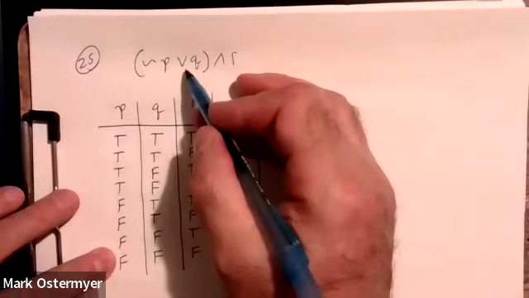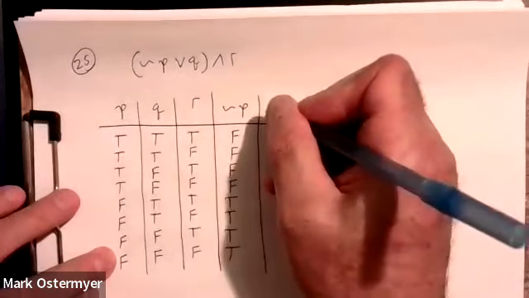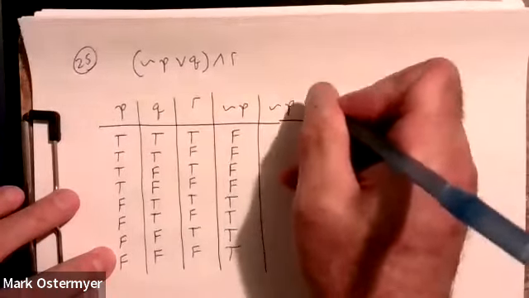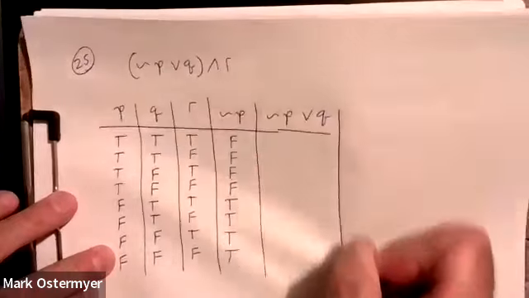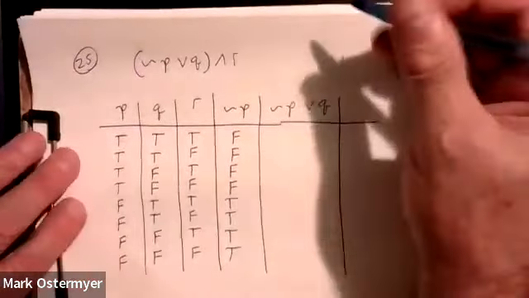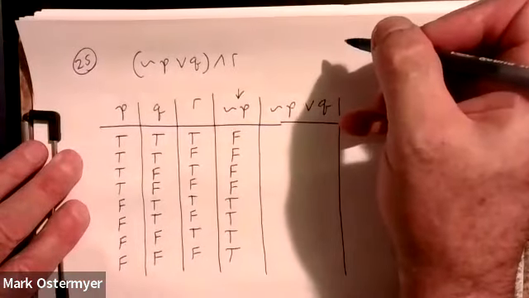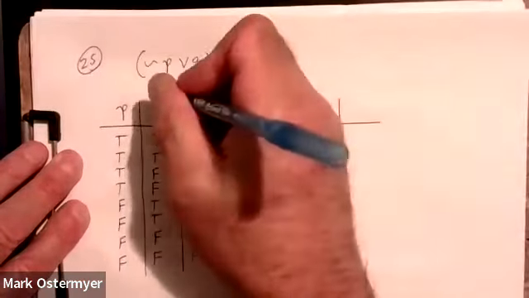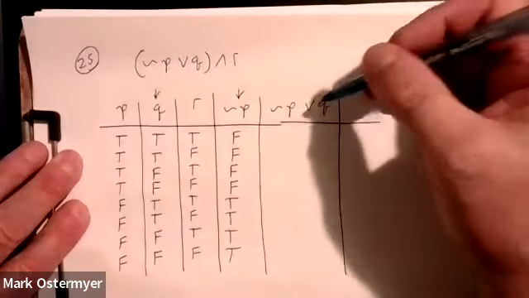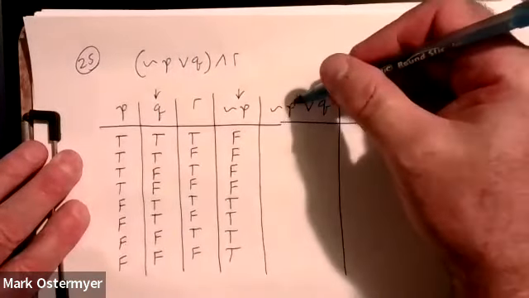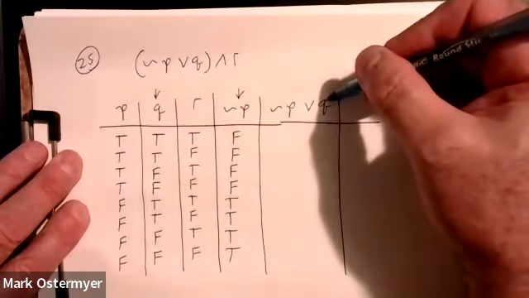Then I'm going to deal with the or inside the parentheses. So my next column is going to be not P or Q, which means I have to take this column and or it with my Q column. The only time an or is false is if both this is false and this is false.